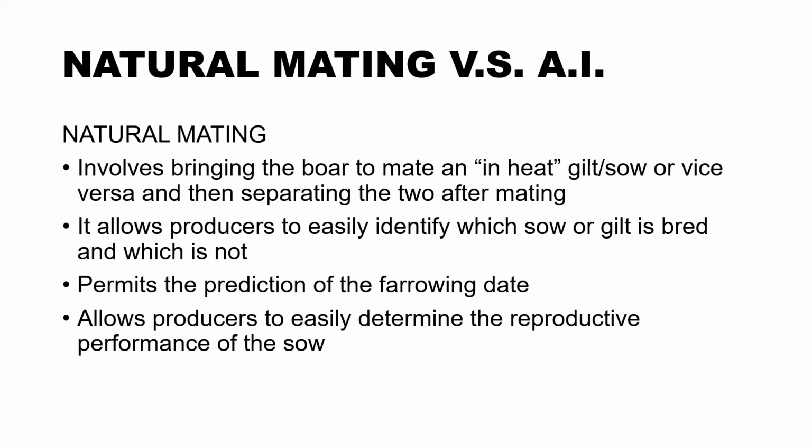So, you can easily identify, pwede mong i-record kasi nandoon ka mismo. Ina-assist mo mismo yung mga baboy sa pag-mate. So, you can easily identify kung ano yung sow or gilt or yung boar that are bred and which is not.